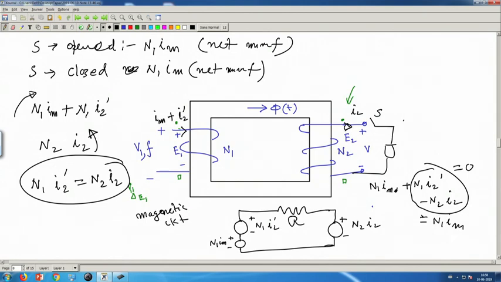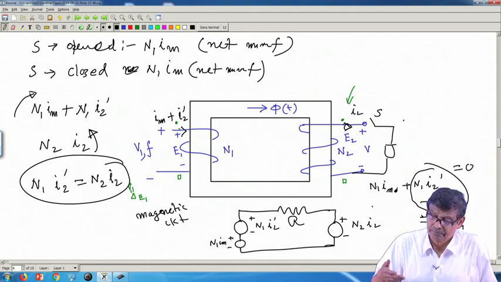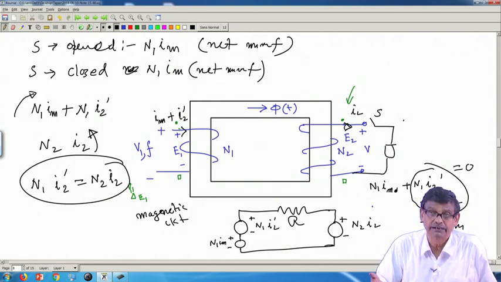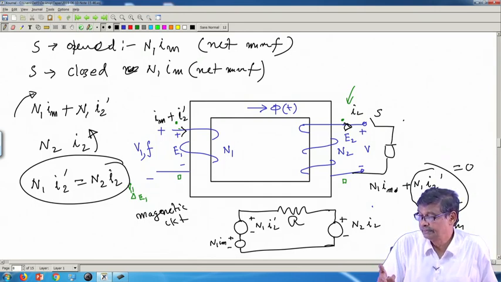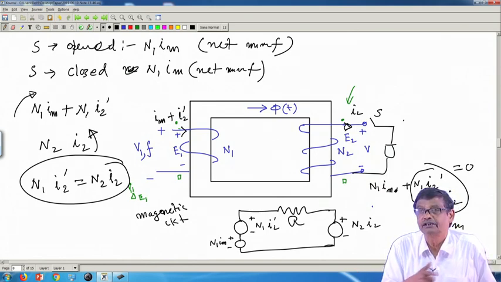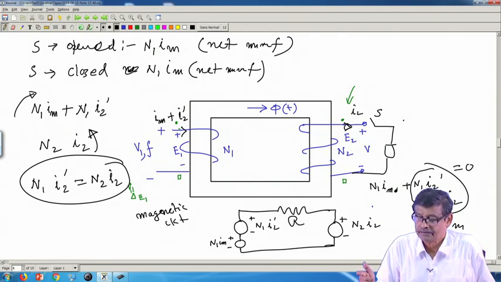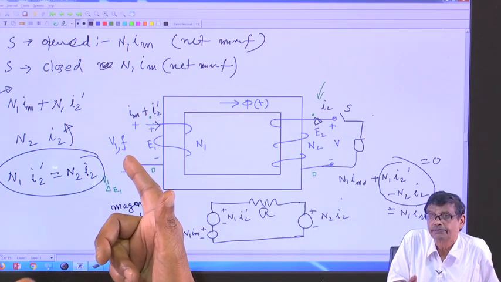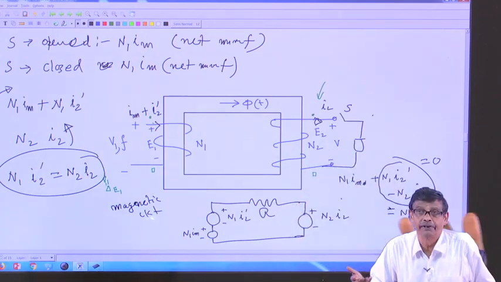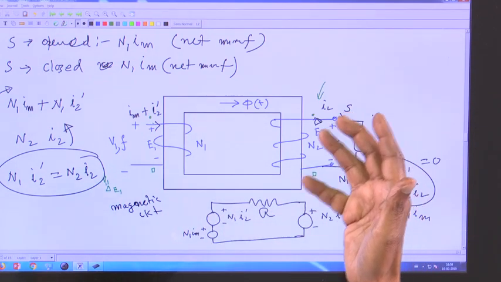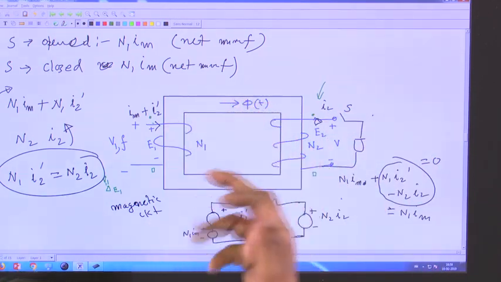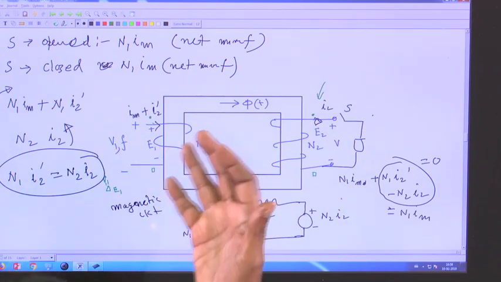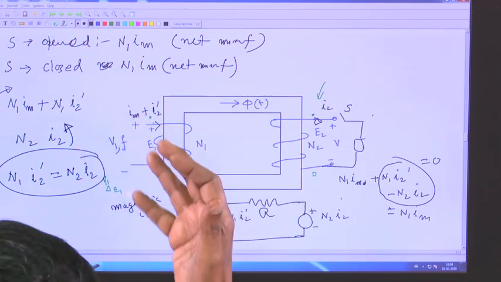So, please go through this particular topic, discuss among yourselves with your friends the arguments put here, to conclude that no matter whether the switch is opened or not, flux level in the core of the transformer remains fixed and it is decided by only V1 and f, no matter whether S is closed or S is opened, because the moment S is closed, it will draw current, but flux level in the core has to remain the same because it has a duty to satisfy the KVL equation on the primary loop.